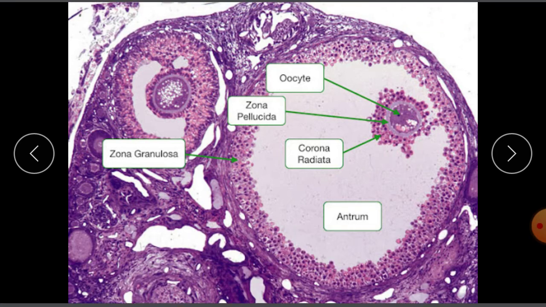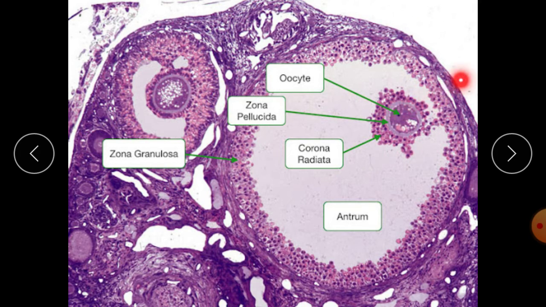As a result, the oocyte is released out. Now this becomes empty, and that emptied ovarian follicle becomes the corpus hemorrhagicum. Later on, corpus luteum. Corpus luteum produces progesterone hormone. So this is the actual photograph of ovarian follicle, Graafian follicle.